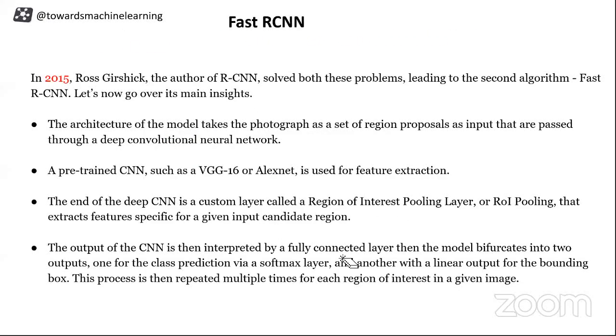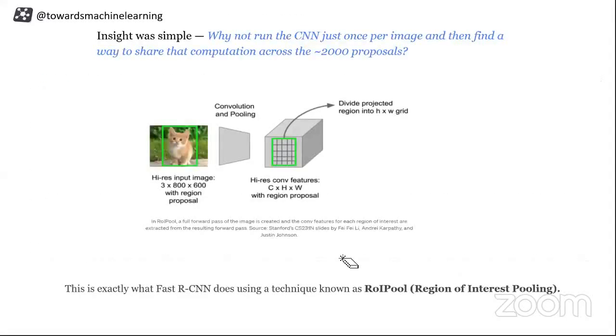Instead of doing the selective search on the image and then passing 2000 images to the CNN architecture to find the features, he first passed the image to the convolutional neural network. After that, he ran a selective search on it. And after that, he did the region of interest pooling.